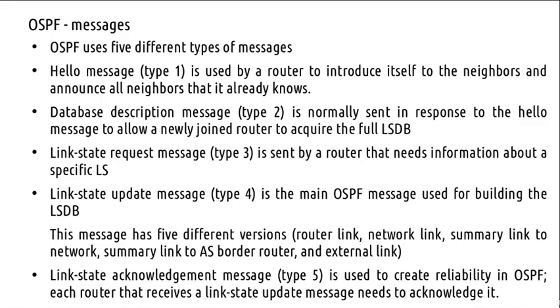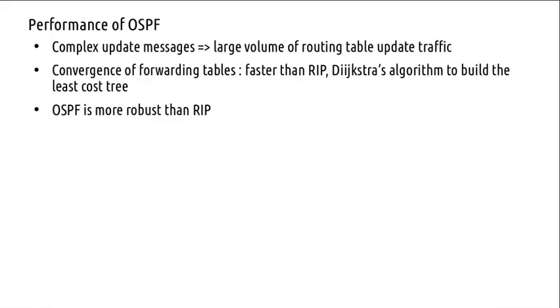OSPF is a complicated protocol. Even though it is open source, it considers all such things to make itself very reliable. It is a complex protocol, but it converges faster than the Routing Information Protocol. The only drawback is that every router has to run Dijkstra's algorithm or variants of it.